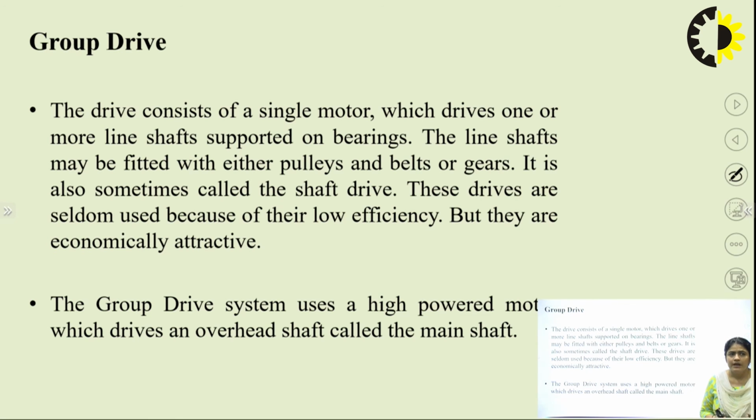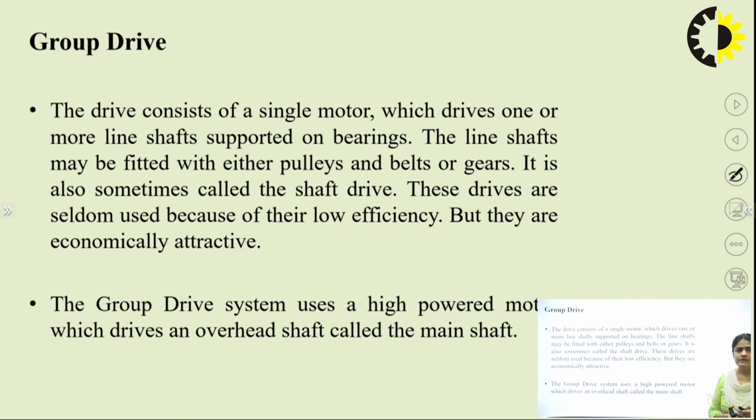But they are economical because, as I said, the individual drive is more costly, since every load needs its own motor. In the group drive, a number of loads are driven by one motor, so it is economical, but with lower efficiency.